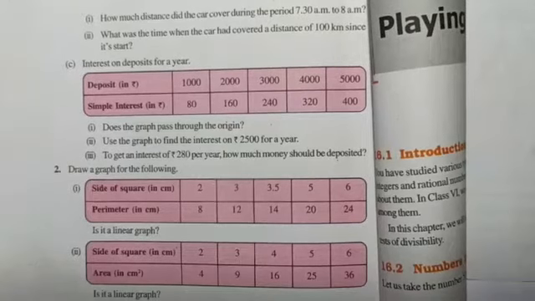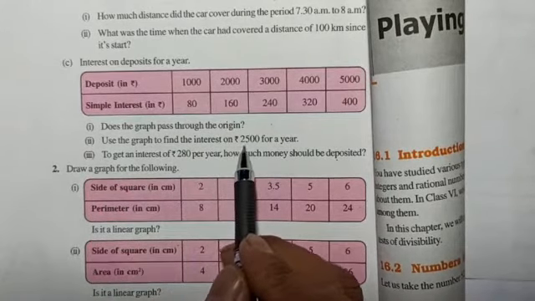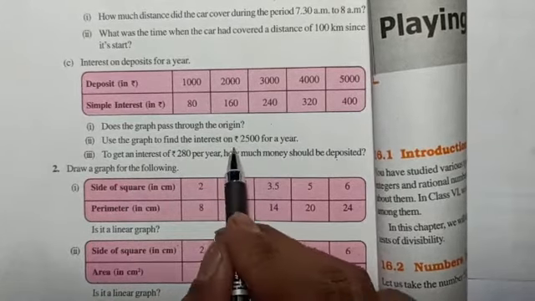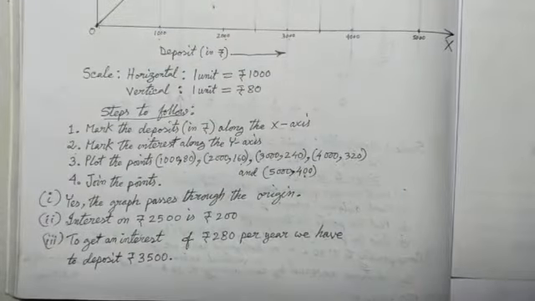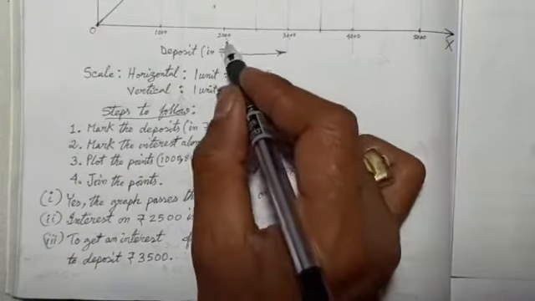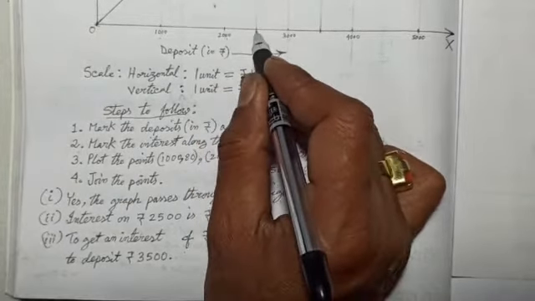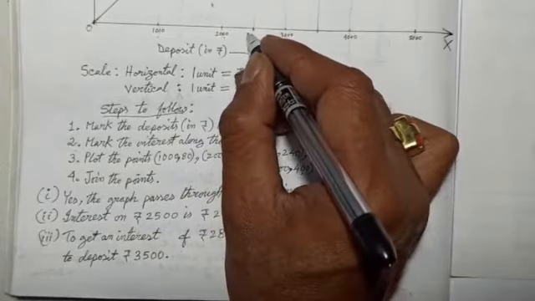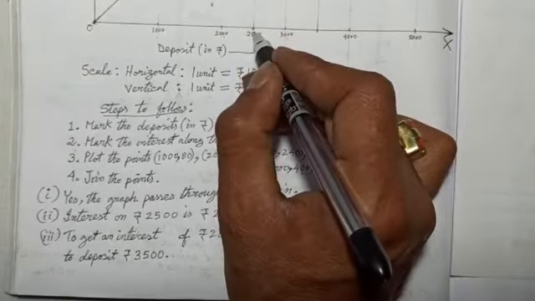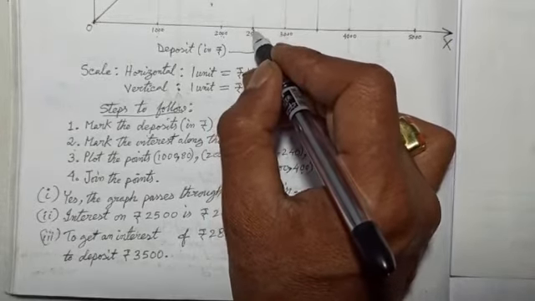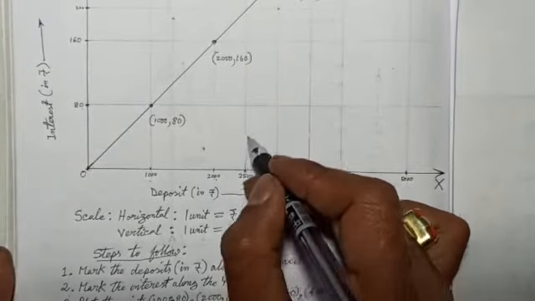Now Roman number 2, use the graph to find the interest on rupees 2,500 for a year. So this is rupees 2,500. Now let us see in the graph, this is 2,000, this is 3,000. So the middle point is this, and this will represent rupees 2,500. Through this point we are drawing a perpendicular line, and this perpendicular line intersects the graph at that point.